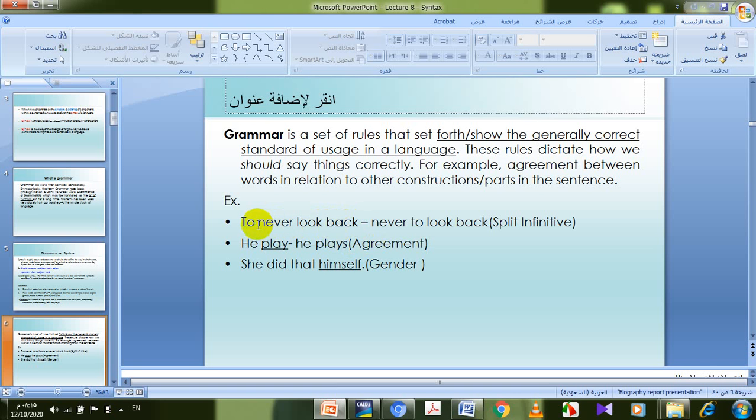So it is wrong to say to never look back. Or as I have just said, she's going to quickly eat. No, this is wrong. We can say she's going to eat quickly. So this is called split infinitive. Infinitive is split, divided.